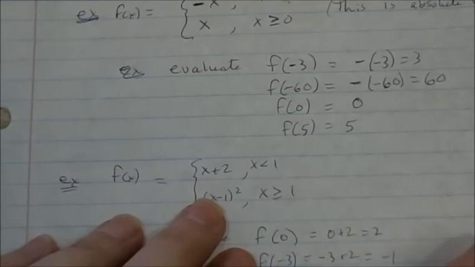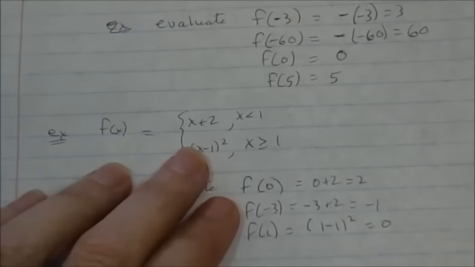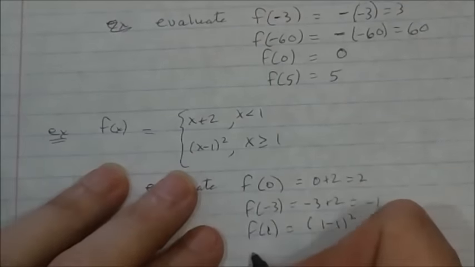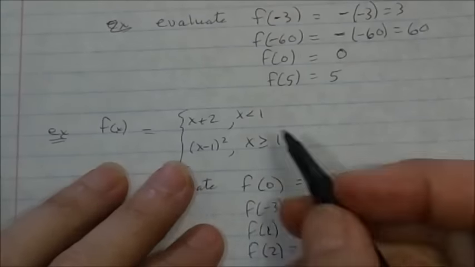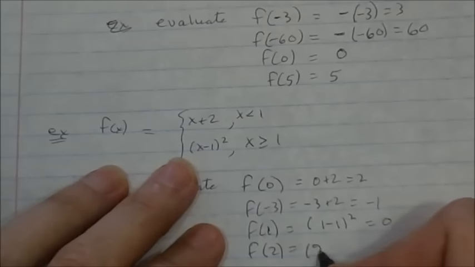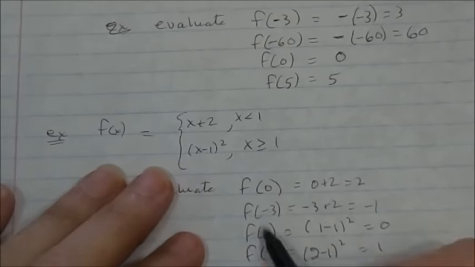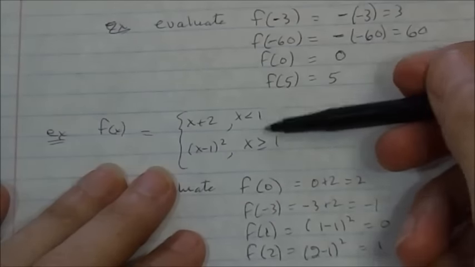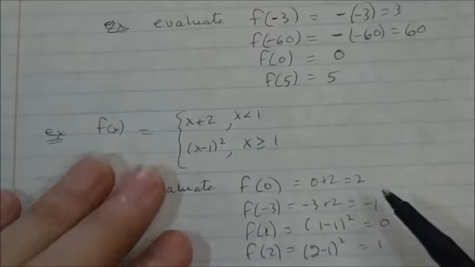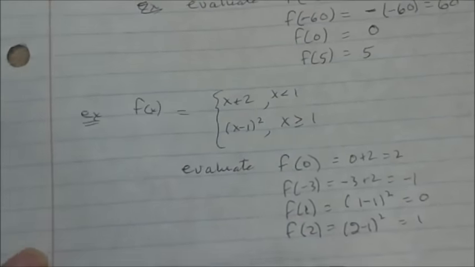So it is (1 minus 1) squared, which is 0. And then let's do one more greater than 1. Let's do f of 2. 2 is greater than 1, so f of 2 is equal to (2 minus 1) squared, which is 1. So you can evaluate this at any value of x, and depending on the input, you either choose this piece or this piece. Let's graph this.